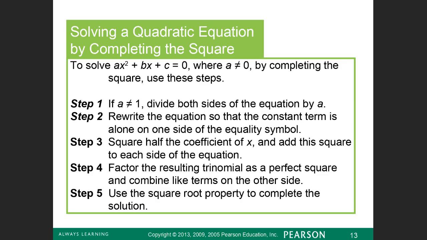One more time, I'm going back to the slide here and the rules for completing the square. I just want you to look again at whether we followed the rules there. And then we have the quadratic formula.